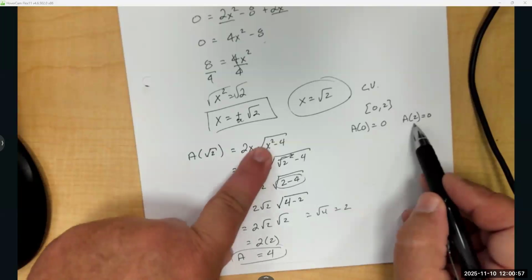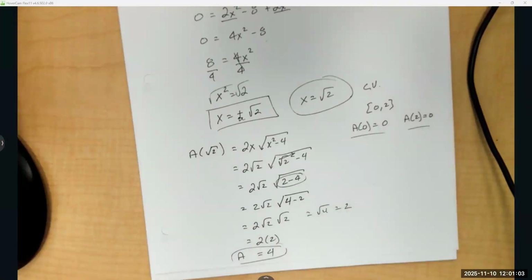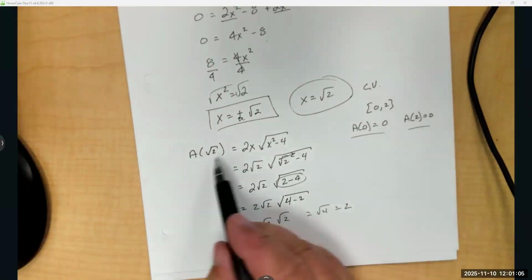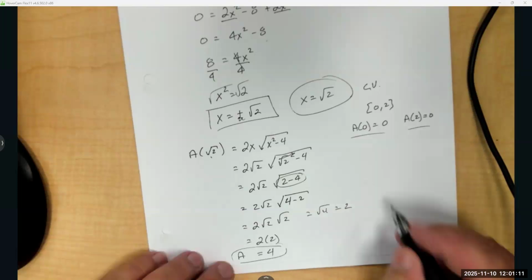If it's 2, 2 squared is 4, and 4 minus 4 is 0. So the endpoints are going to cancel out. So radical 2 is the value we're looking for here, the height.